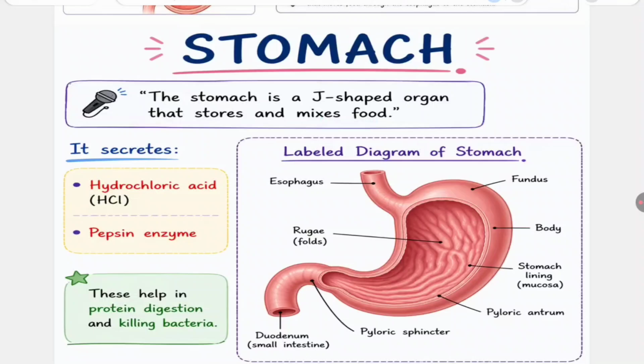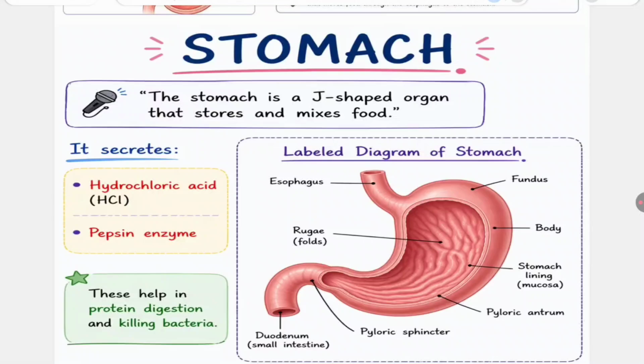Then the stomach secretes two substances, one is hydrochloric acid, HCl, and the other is pepsin. What the stomach releases is also a question that can come as an MCQ. So hydrochloric acid and pepsin are released by the stomach.